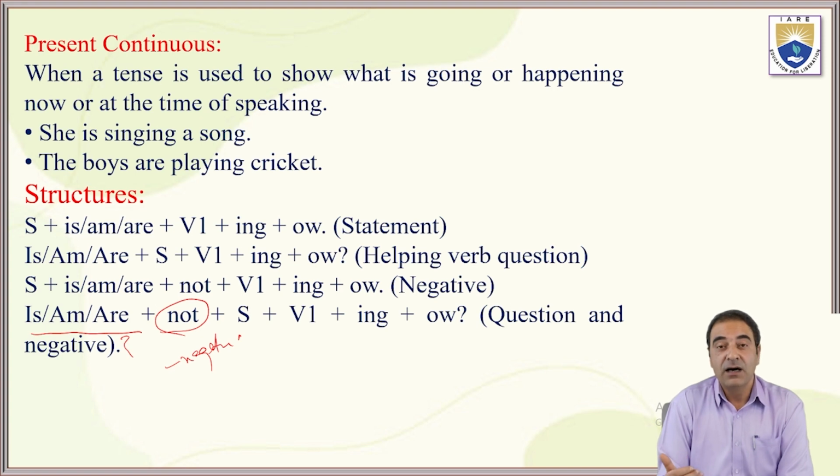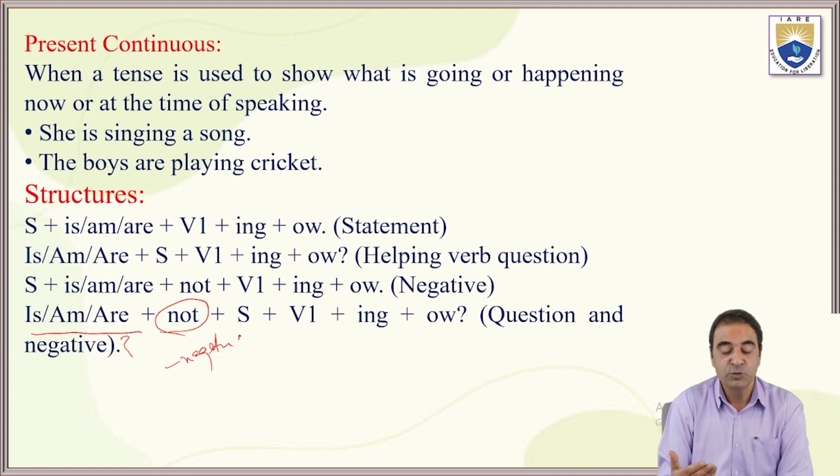And with am, we use the subject first person singular, I am. And with the rest of the pronouns like first person plural, second person both, or third person plural, we use are. For example, we are writing a letter, they are writing a letter.